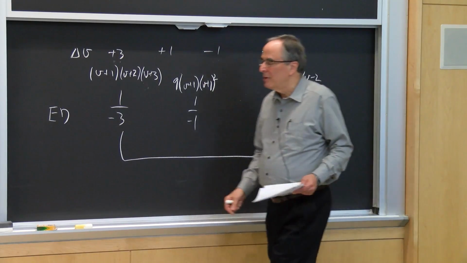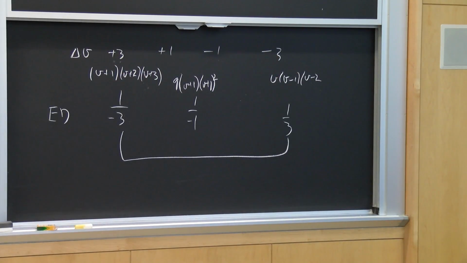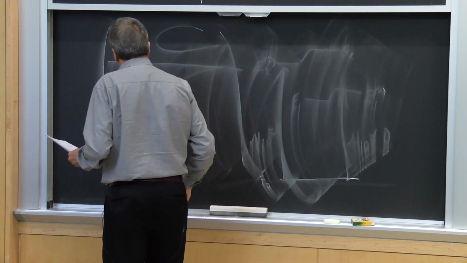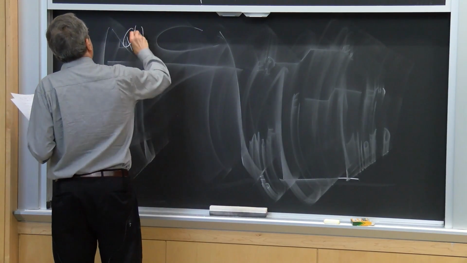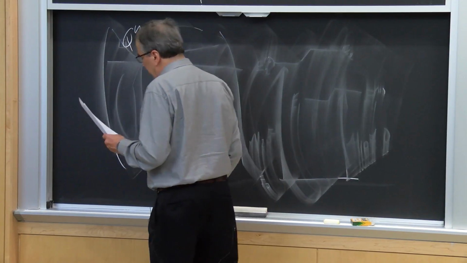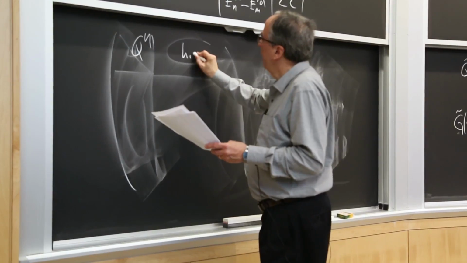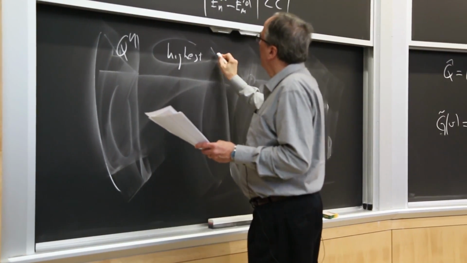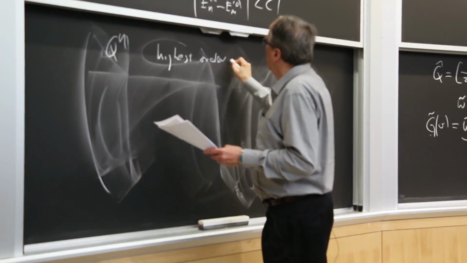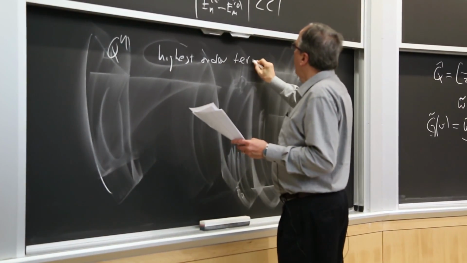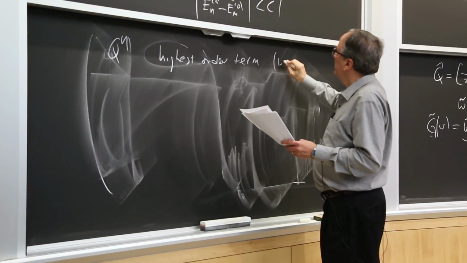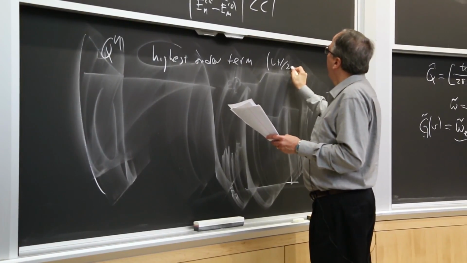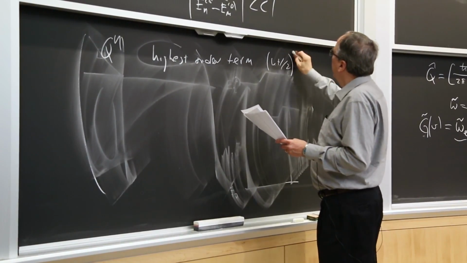So now there's a rule. If the perturbation is q to the n, then the highest order term involves v plus 1/2 to the n minus 1.